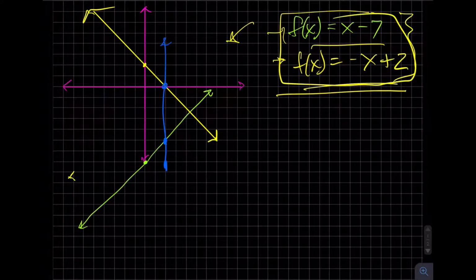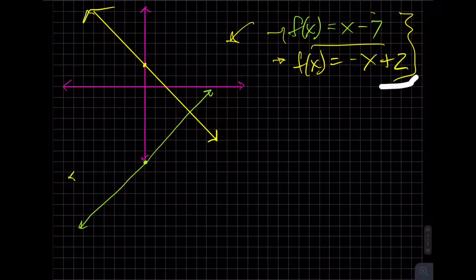So we can do things to make a group of functions into a function. For instance, I can do the following. I can say that I care to follow the green function until I get to x equals 2.